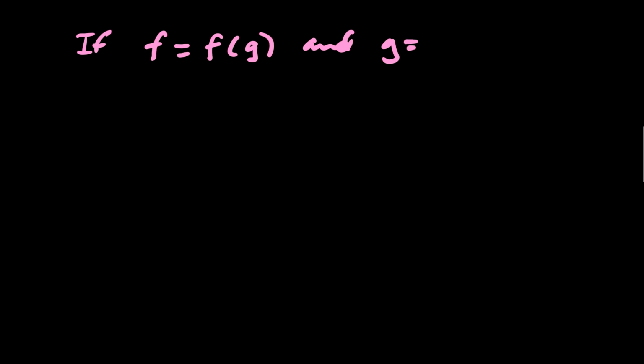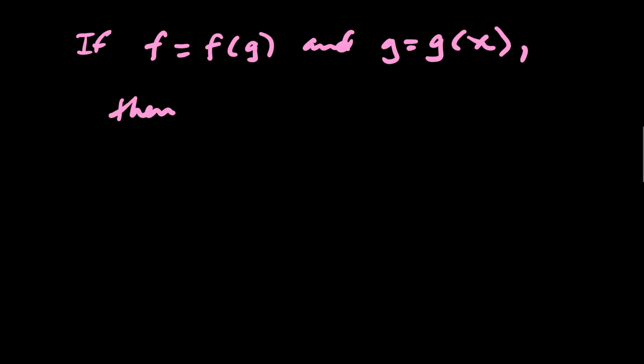So there's a way to look at the chain rule that is also helpful, and it's the following. It says if f is some function of g, and g is some function of x, and I'll give you an example in a second. Let me just write down the theory.